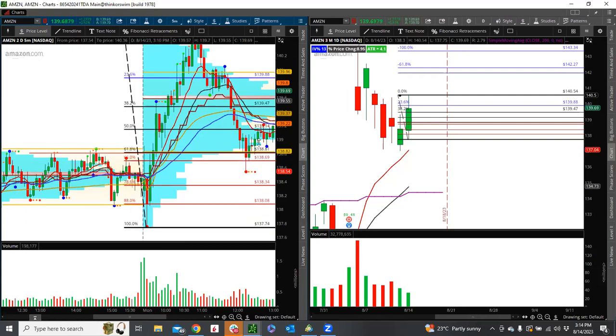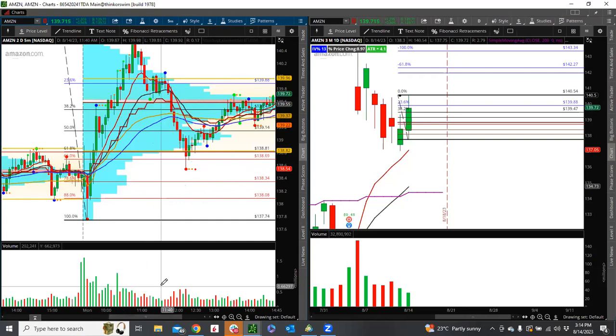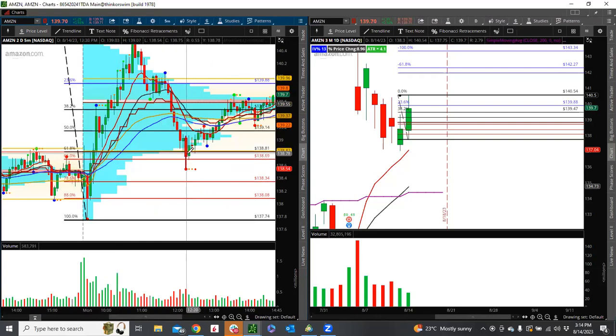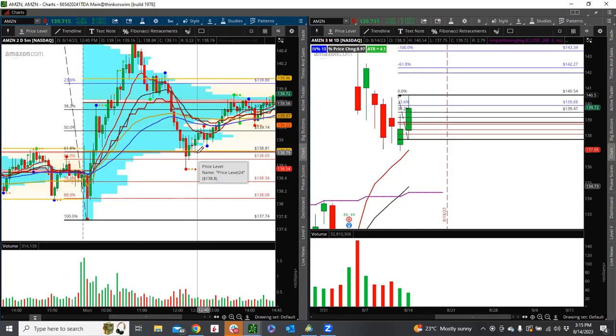And this was just a blind buy, right? I didn't look for a confirmation candle. Sometimes I do wait for the confirmation candle, we've talked about that, but on this particular trade I was taking it as just a fib retracement limit buy, with my stop down here. I had a $1 stop. My entry was 138.84 and my stop was down here at 137.84.